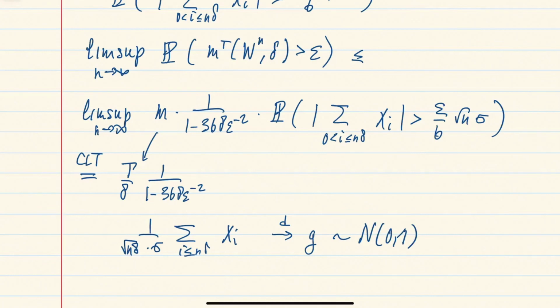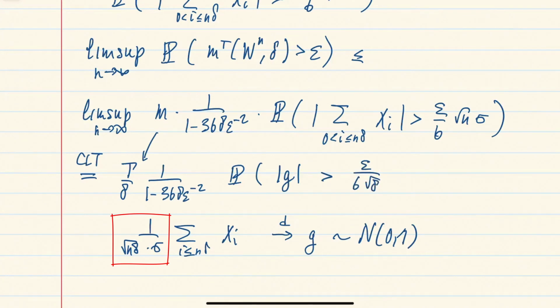And so in the above probability, by central limit theorem, you have to rescale by 1 over square root of delta sigma, and then this results in the limit in the probability that standard Gaussian exceeds epsilon over 6 square root of delta, after such rescaling.